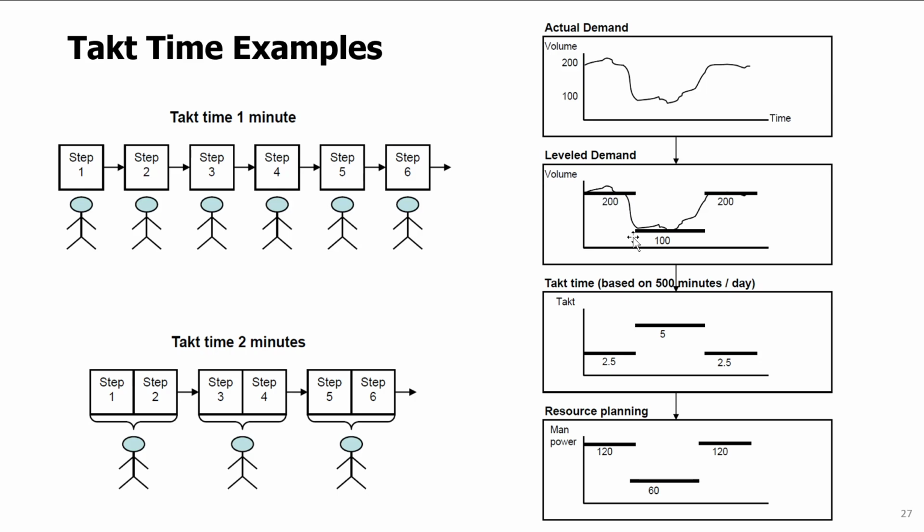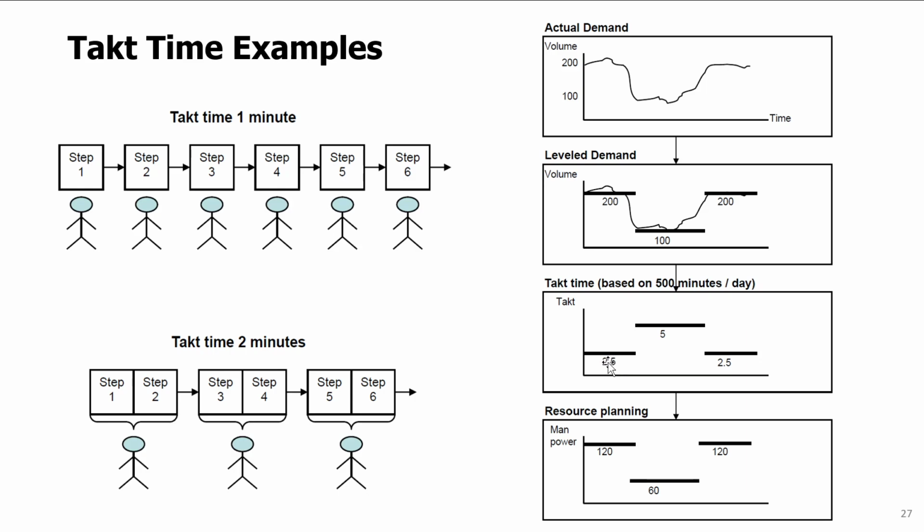So here we define roughly this is around 200 units, this is around 100, this is again around 200, and that we convert to a takt time based on the fact that we have 500 minutes a day. We need to produce one unit every 2.5 minutes, or one unit every 5 minutes, and again here one unit every 2.5 minutes, right? So this is an example of how we can adjust manpower appropriately.